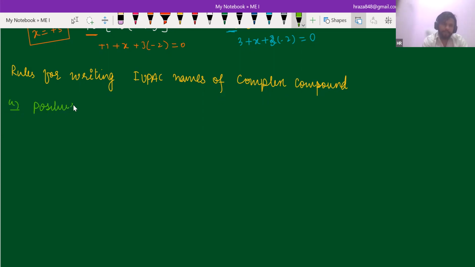So the first rule: the positive part of a complex compound is named first, followed by the negative part.